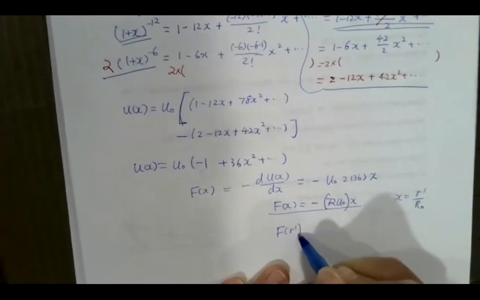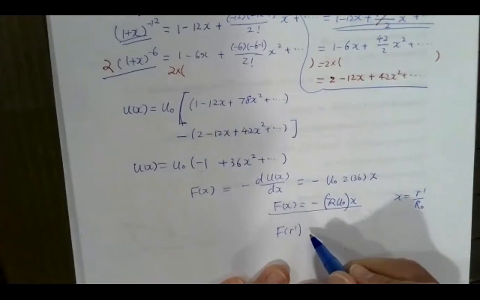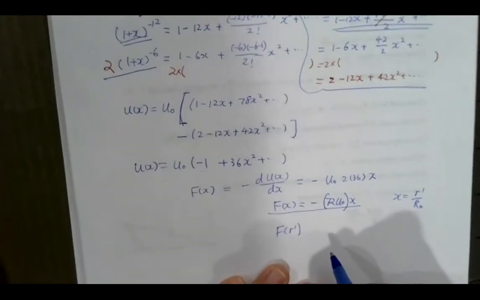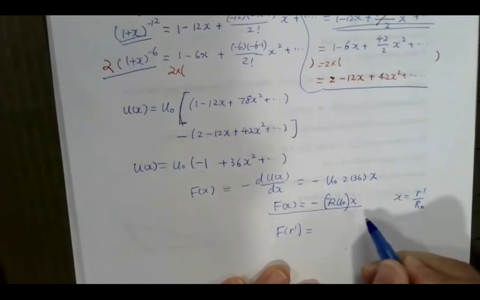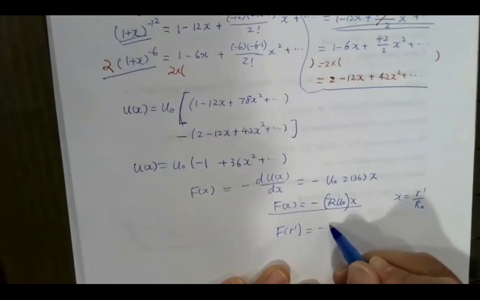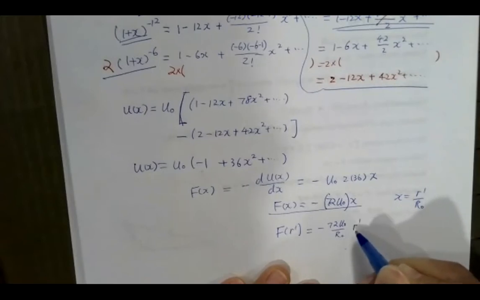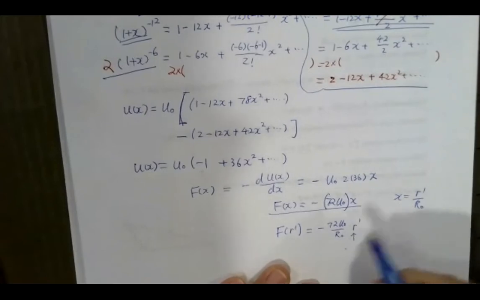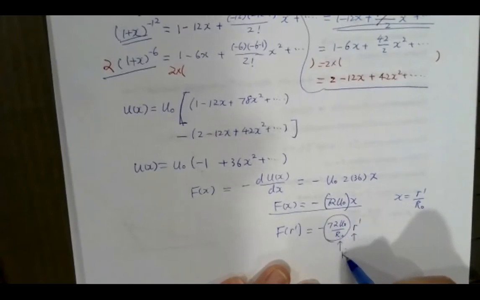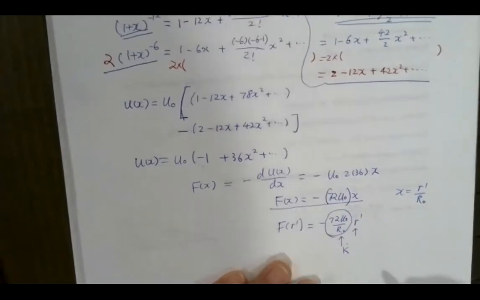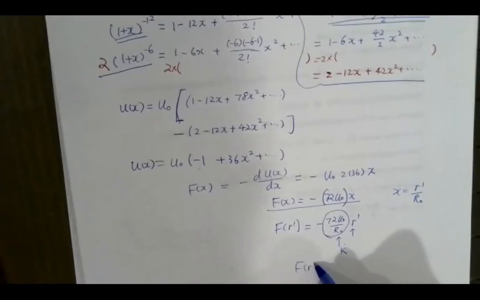So F in terms of r prime is equal to, replacing it over here, minus 72 u naught over R naught times r prime. So r prime is the variable, and this is a constant, the constant k. So F as a function of r prime should be minus k r prime.